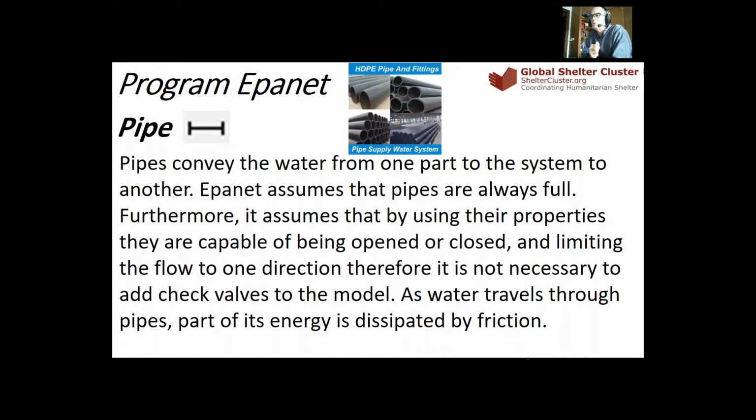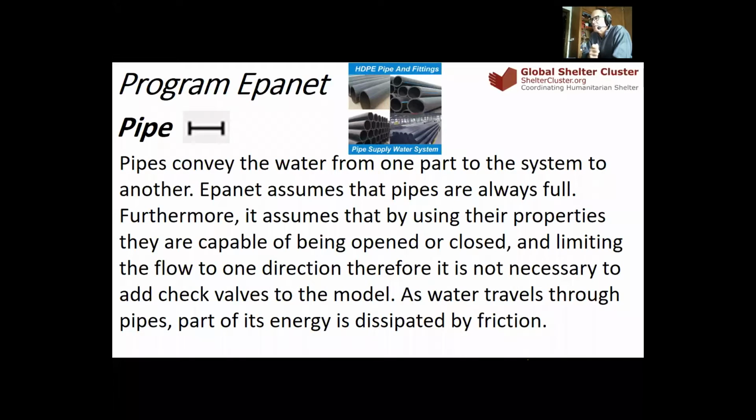So the best thing to do is to go to the supplier to check the catalog to see what type of pipes they sell, and then to be precise on the internal diameter of the pipes. And of course, pipes have a friction factor, and this depends on the material of the pipe. You have PE, plastic pipes, concrete pipes, iron pipe, galvanized pipe, many types of pipes.